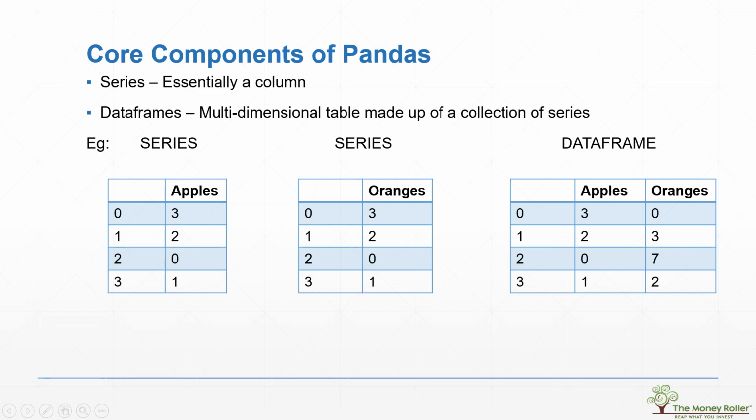This is a series of oranges, and this is a data frame, which is a multi-dimensional table made up of a collection of series. If I combine these two series and create a data frame, it's going to look like this. Now, this apples and oranges example I obtained from some website.